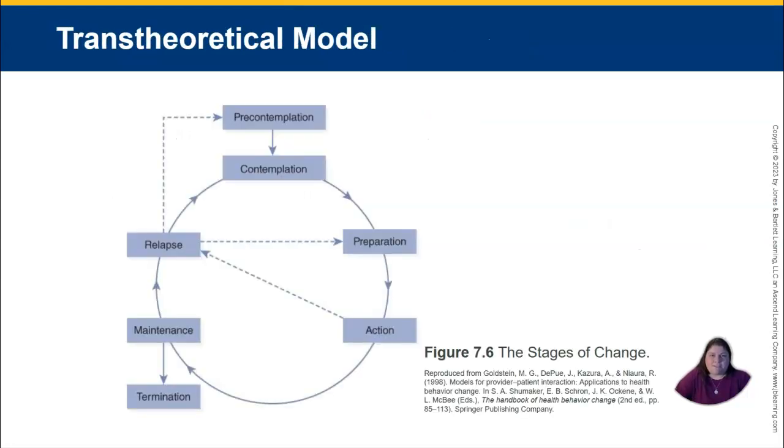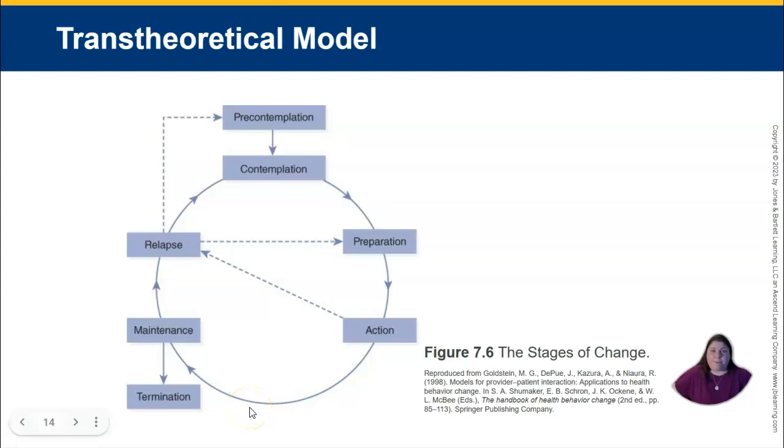So this is figure 7.6 out of the text, and this is outlining the trans-theoretical model and the stages within that. So the stages are pre-contemplation, contemplation, preparation, action. Relapse can happen. If relapse happens, you go back into the cycle, and then there's maintenance and termination.